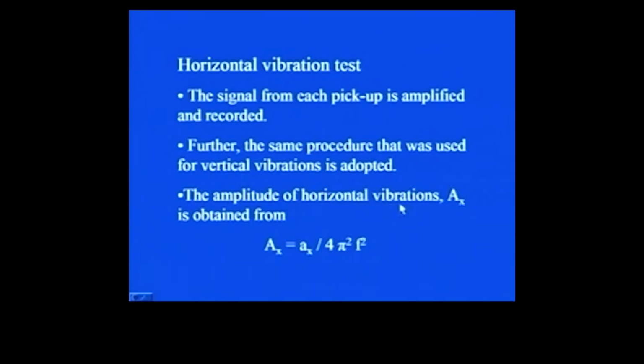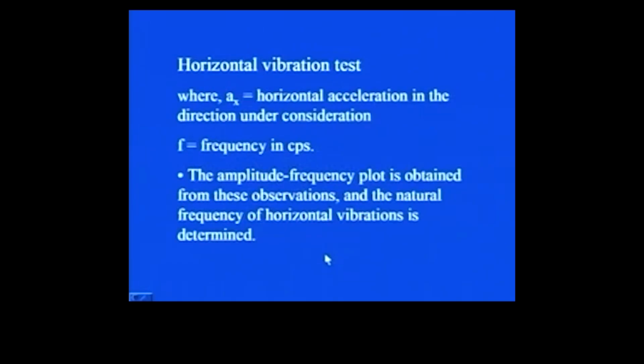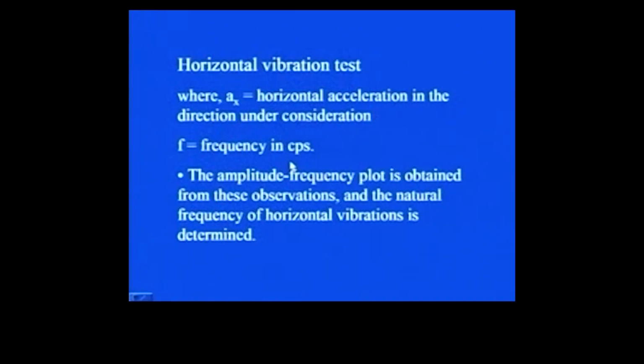The amplitude of horizontal vibrations, that is AX, is obtained from small ax divided by 4 pi square f square, where ax is the horizontal acceleration in the direction under consideration, because in the horizontal plane there can be n number of directions. So whatever direction in which you want to find the spring constant, in that particular direction you have to measure this acceleration, where f is the frequency in cycles per second, that is CPS.